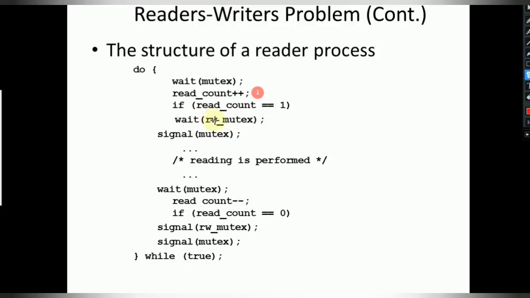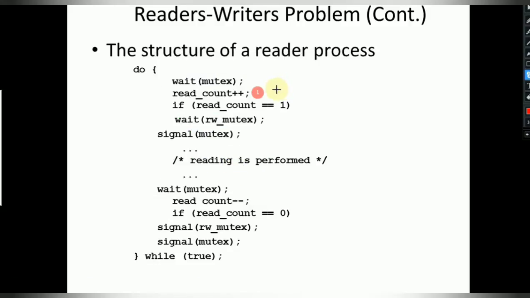This statement is run, and the signal is done, only for the first and the last process. It is only for this process P1, or any other last process that is leaving the shared data. Now I am running signal mutex, indicating that if any other process is trying to access the shared data, it can do so.